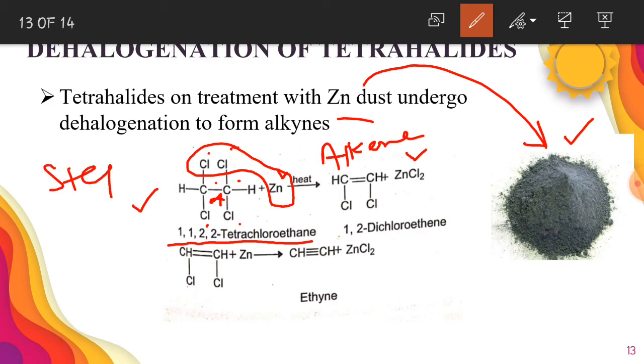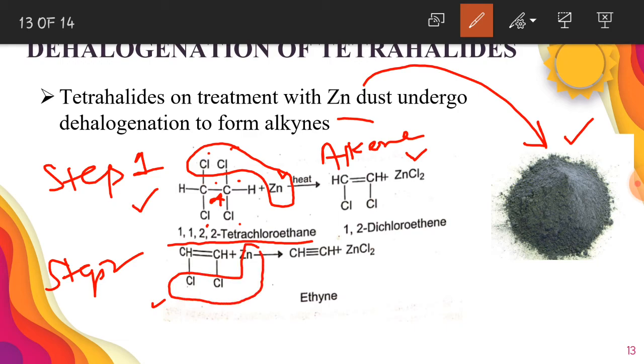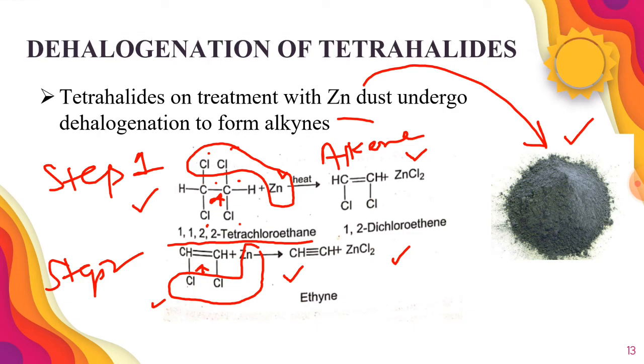This is step 1. In step 2, this compound, 1,2-dichloroethene, will react with zinc again. Now this zinc will react with these two chlorine atoms to form zinc chloride, and there will be the introduction of a new bond between these two carbon atoms, resulting in the formation of an alkyne. So this is how alkynes are synthesized by the dehalogenation of tetrahalides.